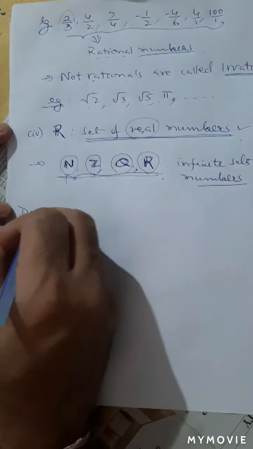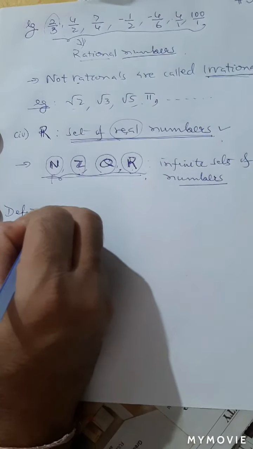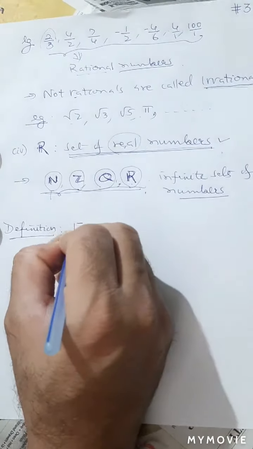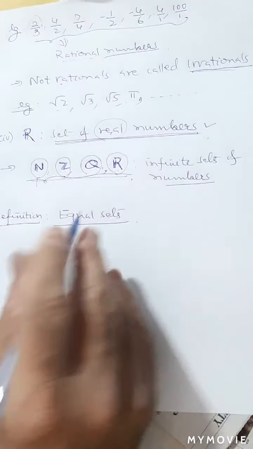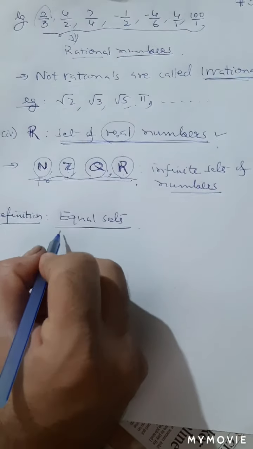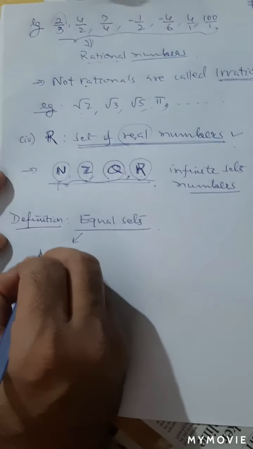One more definition here before we go to the next exercise, that is about equal sets. So the question is, when two sets are said to be equal?